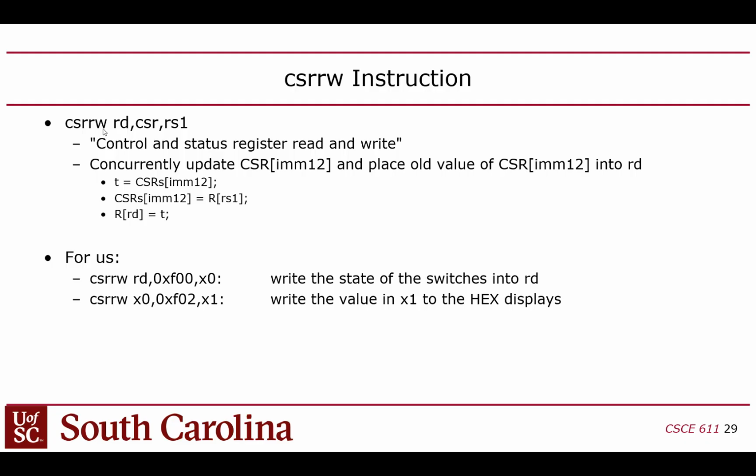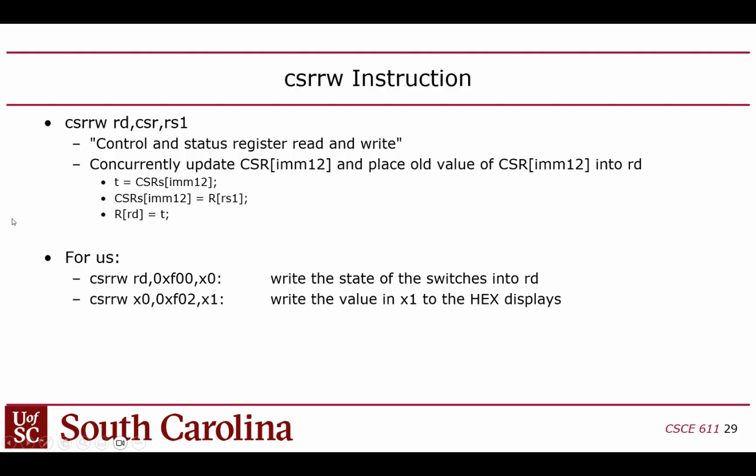So in this class, if you use the CSRW instruction on the hex displays, it's treated strictly as an output. And if you use it on the switches, it's just an input, right? So it's a little bit violative of the RISC-V instruction set architecture semantics, but it's just how we had to hack this a bit.